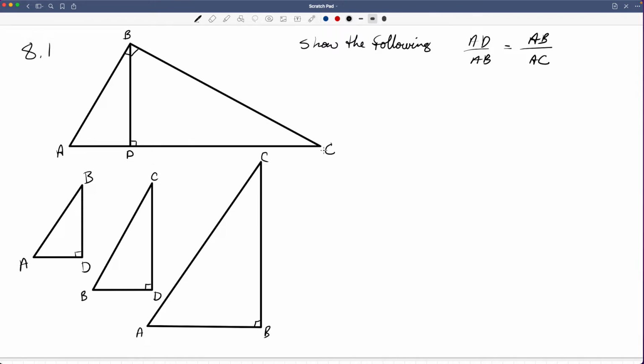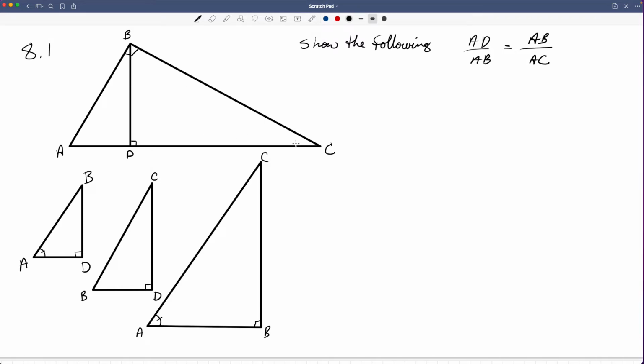Now angle C is the same in both the big triangle here and BDC, which means I have the same degree here and here as I do here and here, and the same degree here and here as I do here and here. That tells me that angle B here and angle B here are congruent to the opposite.